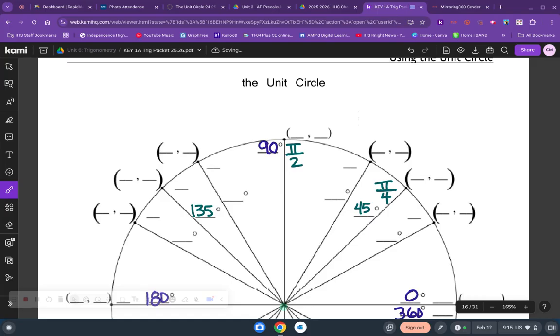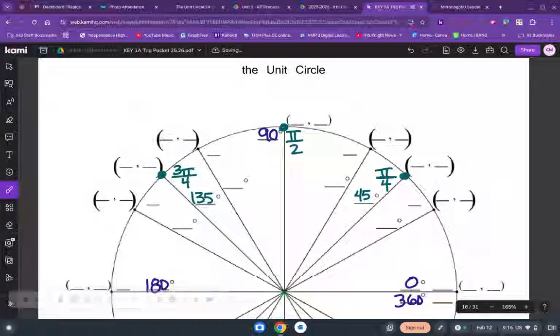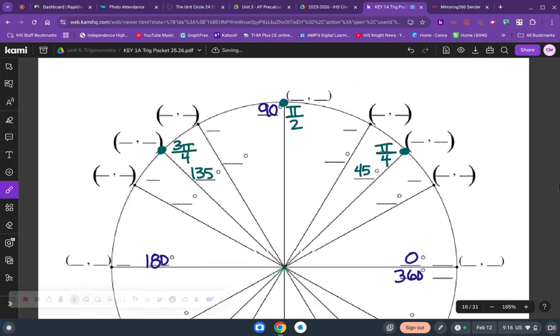Or we can simply count out like we did before. We continue to add pi over 4 each time I have a new angle that same measure. So I've done 1 pi over 4. Here's 2 pi over 4. That means the next time I add that many, I'm going to have 3 pi over 4. So 135 is 3 pi over 4 radians. And then the next time I add that size angle, I would be at 4 pi over 4, correct?